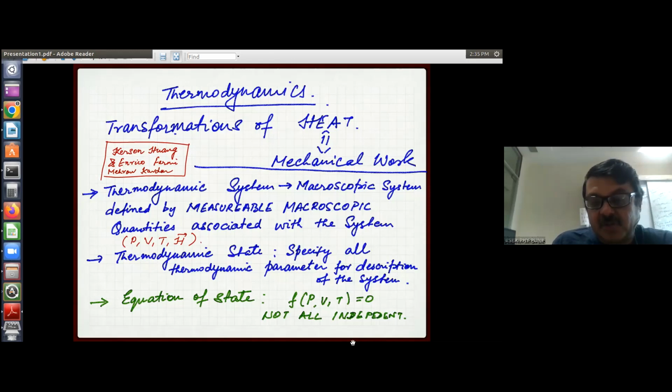But even within thermodynamics, empirically, by observations like Charles' law and Boyle's law and whatever gas law, different thermodynamic parameters are related. That relation between different thermodynamic parameters which describe the macroscopic system is called the equation of state.